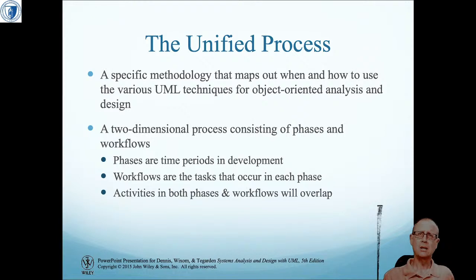So quite a while ago, there was a process come up with called the unified process. And it was a way of working with software in the different phases of software. And it showed you the sorts of UML techniques you needed to use in each aspect of the project.